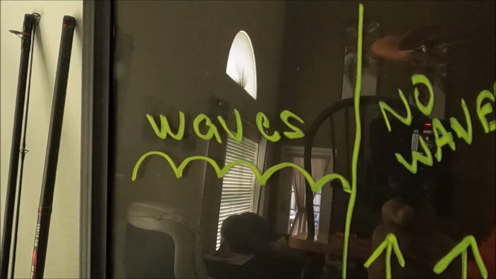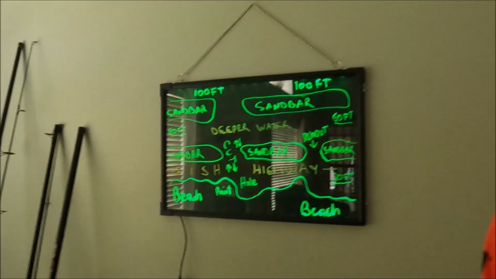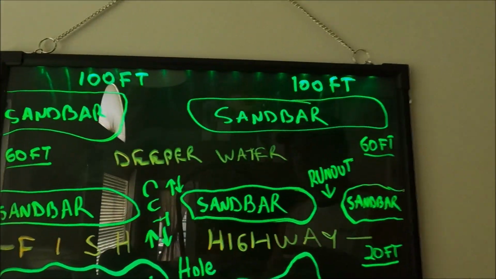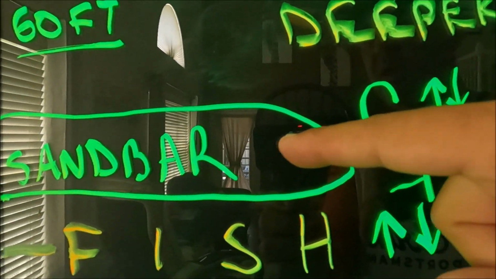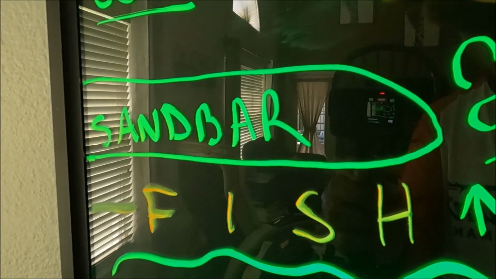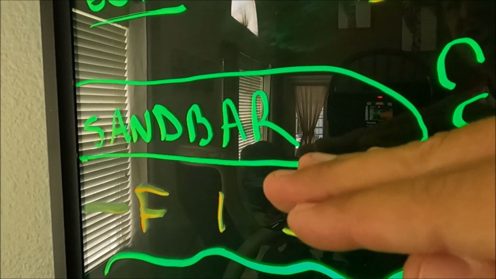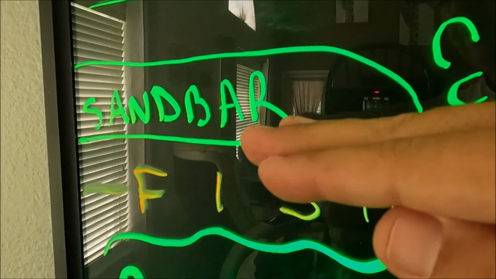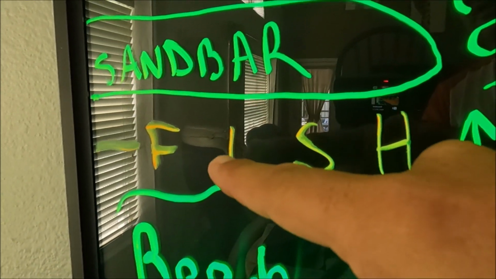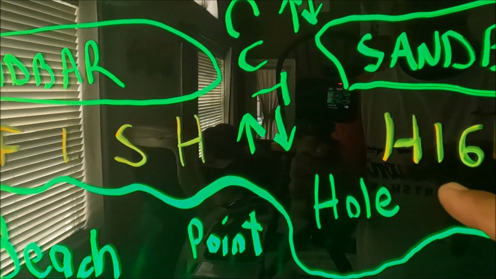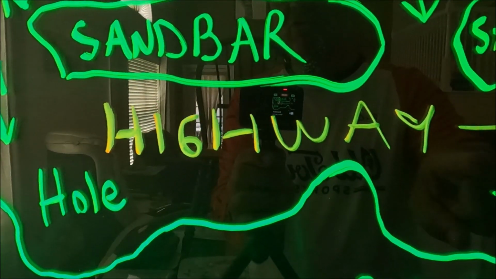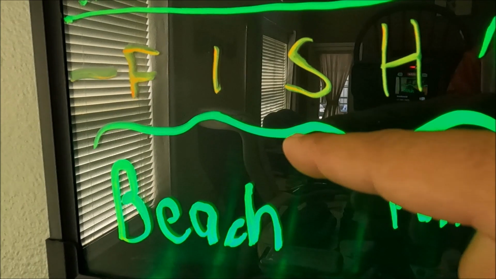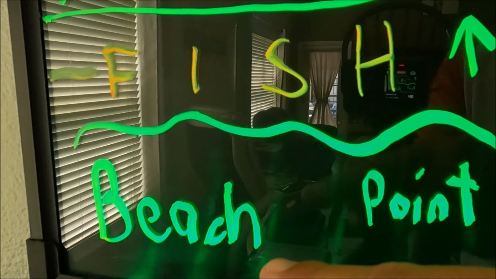So when you see the waves breaking, that is the moment you know it is shallow and there's a sandbar. It's very shallow, so it's breaking. Then it continues after it breaks. That's your little deep zone, which we call the fish highway, the trough. And then right by the beach, it breaks again.